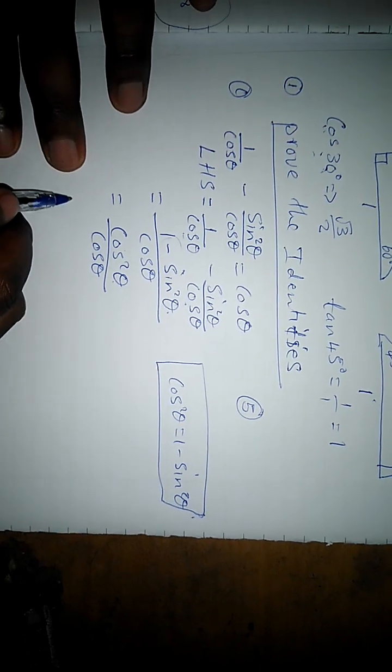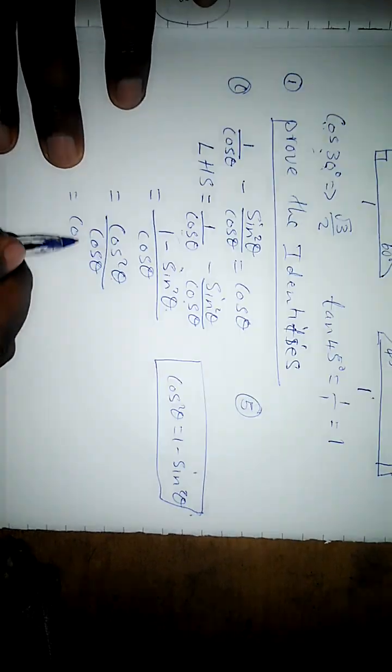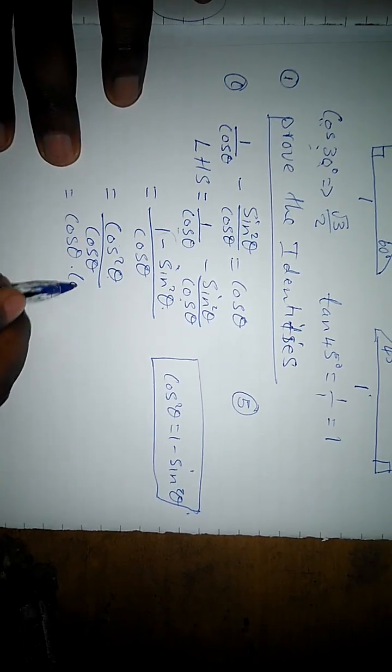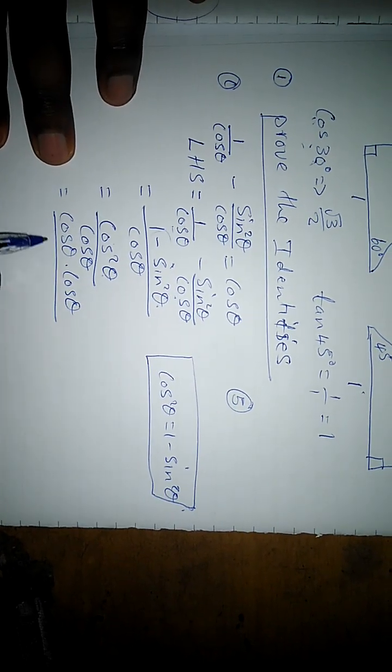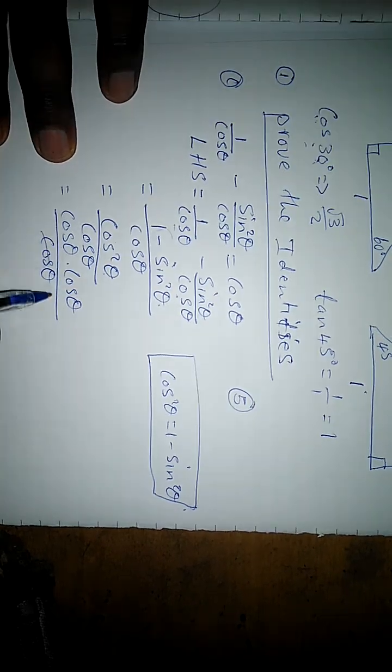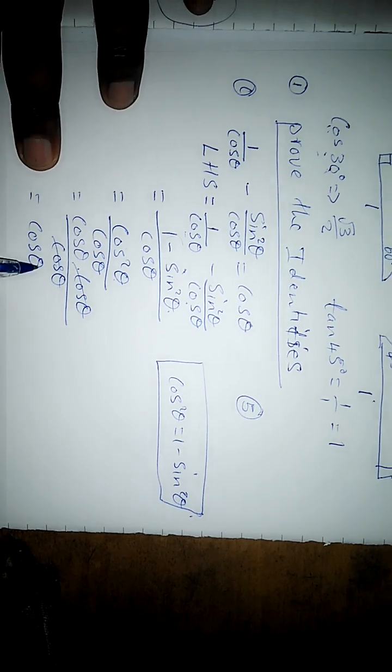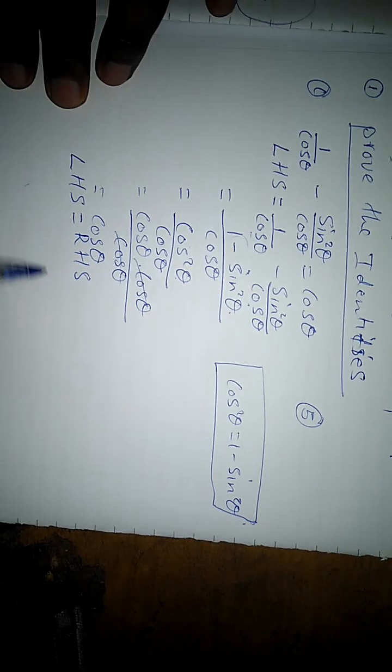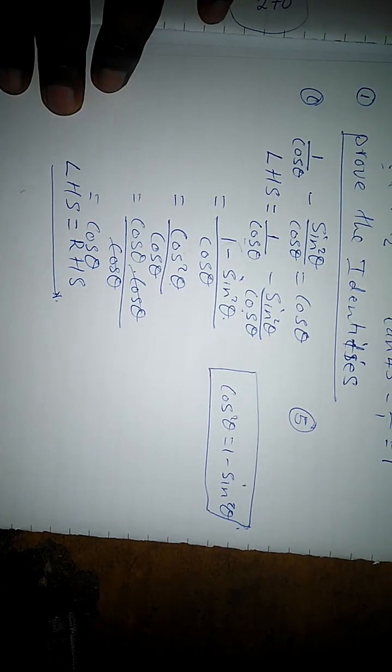So now that means it's cos theta times cos theta all over cos theta. This goes with this one, and I'm left with cos of theta. Therefore, left hand side is equal to my right hand side. Then I'm done.